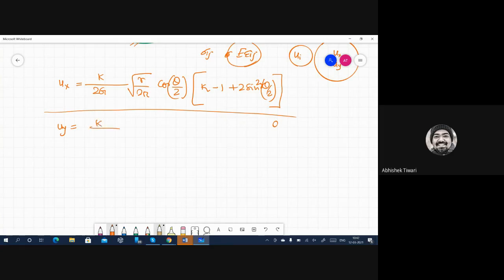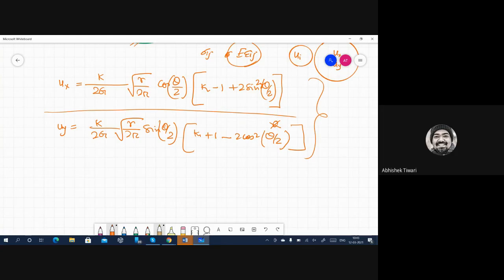So here you have K divided by 2G, square root of r by 2 pi, sine theta by 2, into small kappa plus 1 minus 2 cos square theta by 2, and another term for T stress, but that we are not taking care of. So these two equations are there.